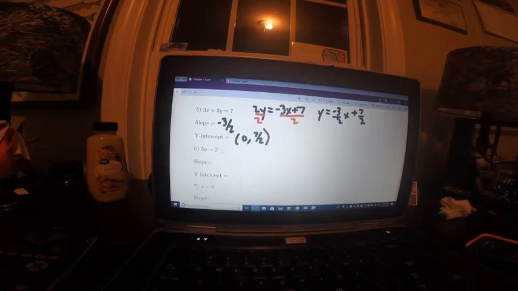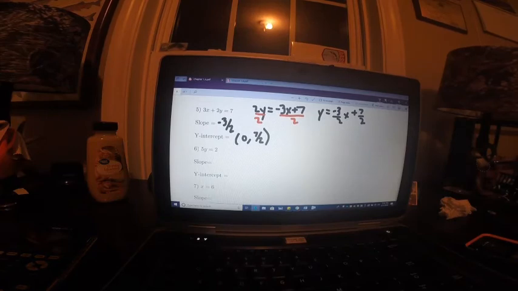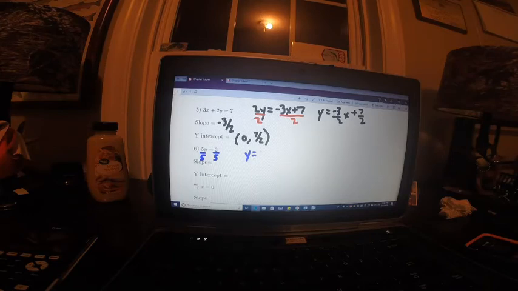Okay, now for 6, I'll change colors to kind of delineate between the two. For 6, I've got 5y equals 2. Still need to solve for y. So I really just need to divide by 5 here and divide by 5 on the other side as well. So if I do that, I get y equals 2 over 5. Okay, y equals a constant.